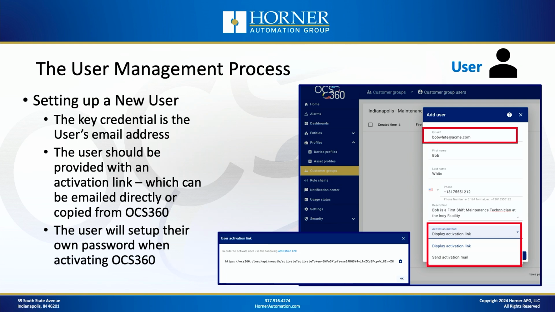Okay, and once you've created that user, what's going to happen is you're going to have an activation link that ultimately needs to be delivered to the user so they can sign in to OCS360 for the first time. And when they do that, that's when they'll create their own individual password for logging in to OCS360. Okay, so that's how you add an individual user. And of course, in a particular customer group, you're likely going to have multiple users.